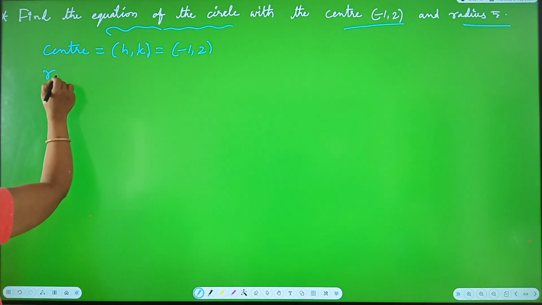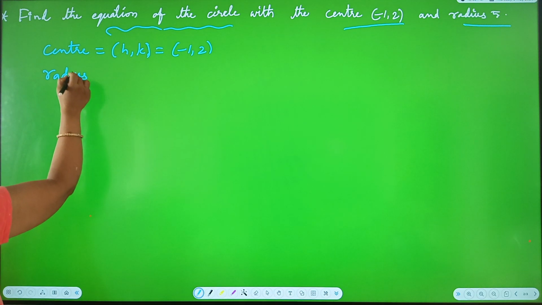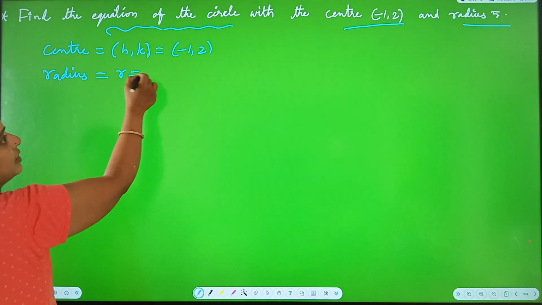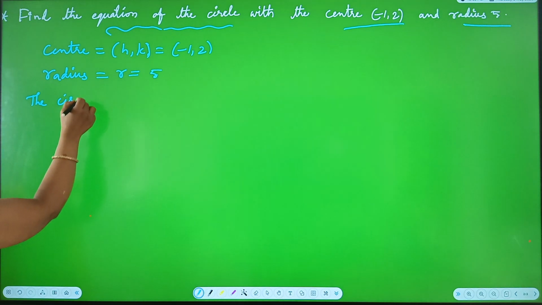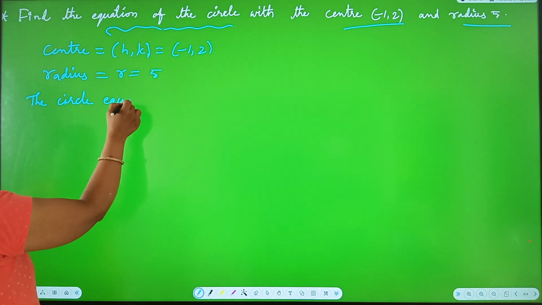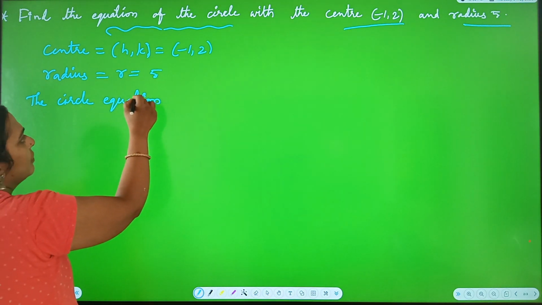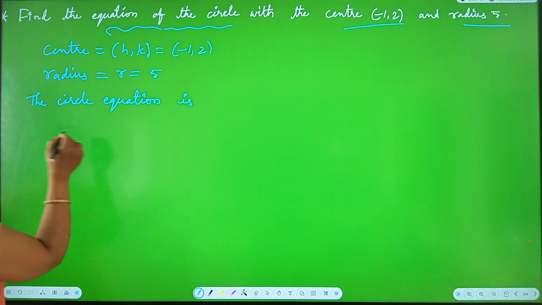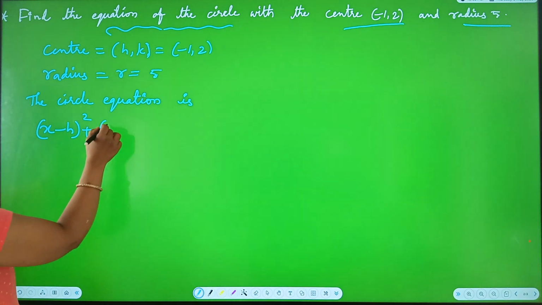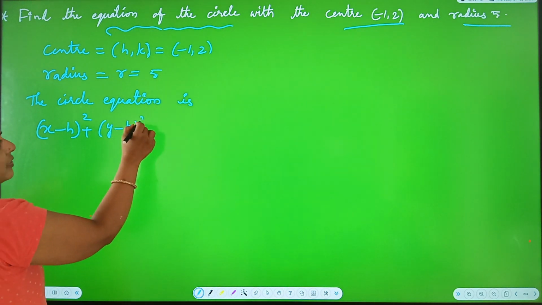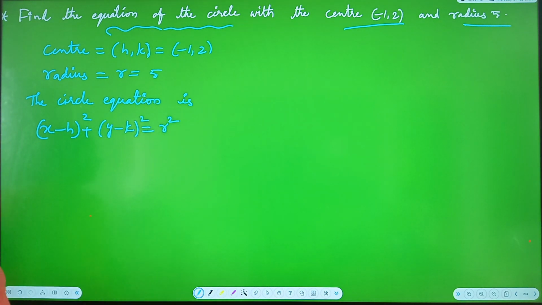And what is the radius? Radius, small r, is equal to 5. Here what is the circle equation? Immediately we recall the circle equation, that is (x minus h) whole square plus (y minus k) whole square equal to r square.